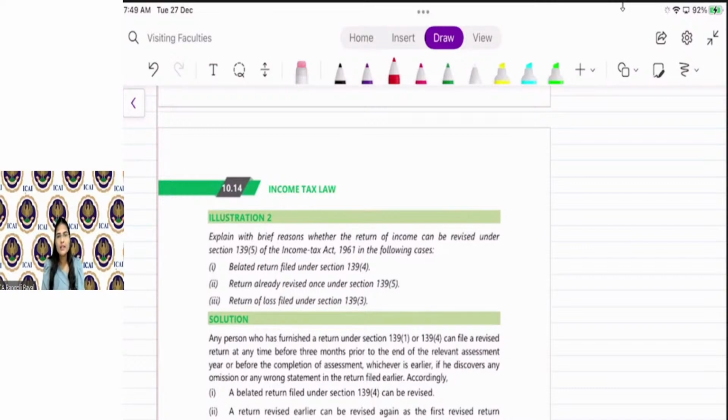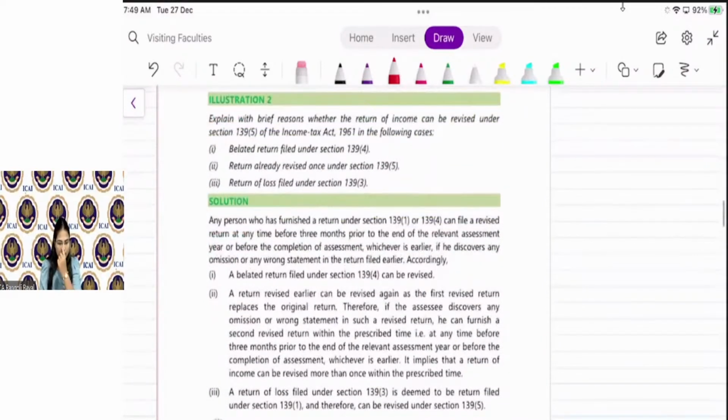Return already revised under section 139(5). Once you have revised the return, can you revise that return again? Yes. In the act, the date is given, that is, on which date you can revise your return. They have not provided that you can revise your return only once. You can revise your return more than once.